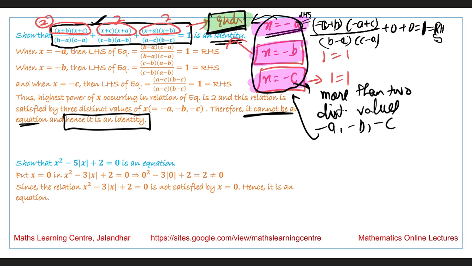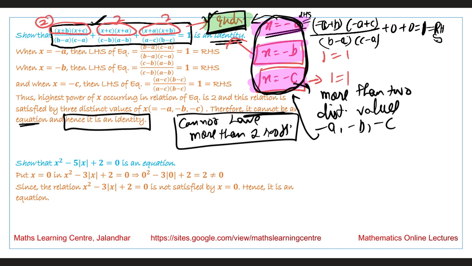If it is a quadratic equation, it cannot have more than 2 roots. But we have shown that there are at least 3 roots, so our supposition that this is an equation is wrong. So this is basically an identity and it holds for all values of x.